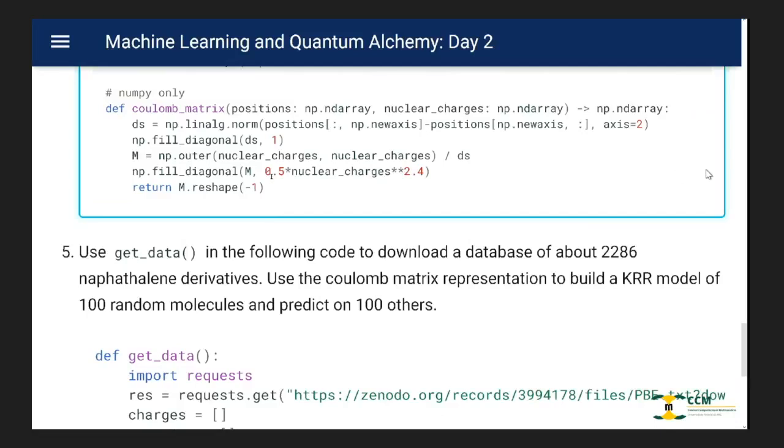Because positions is n by 3, and now you take all pairwise combinations. And with the optional argument axis, you specify over which axis you calculate the norm. That would be 0, 1, 2. So it means you always take the 3 x, y, z entries to calculate the norm.